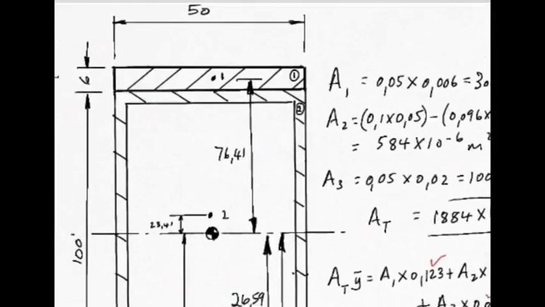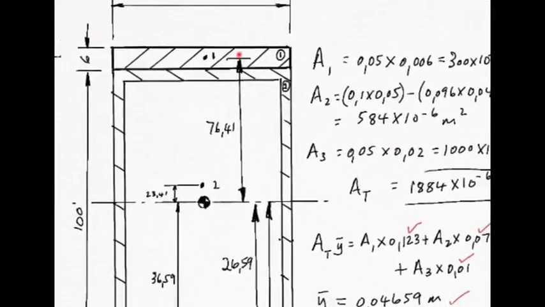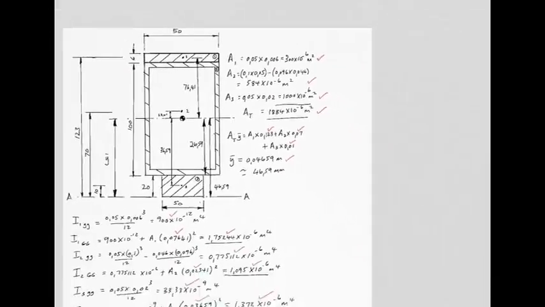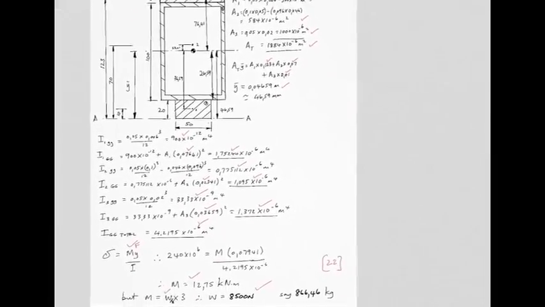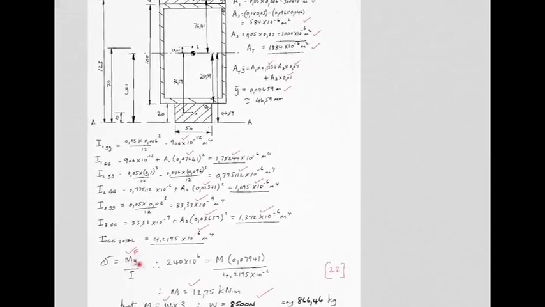Where does 79.41 come from? Well, there's the centroid. It is 76.41 to the centroid of 1, but remember there's another 3 millimeters to get to those outermost fibers, the ones that are going to feel the maximum stress. So 76.41 plus the 3 gives you 79.41 millimeters. So that is what you're going to use as a value for y.